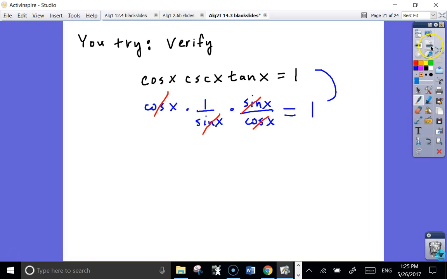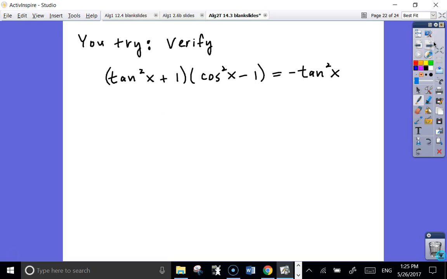Okay, one more and then we're done. This is the harder one. The obvious way to go on this one should be that you look at tan squared plus 1, and what do you substitute? Secant squared, right? That should be it. And cosine squared minus 1, okay, that's not exactly what you get when you first do that shuffle of sine squared plus cosine squared equals 1.